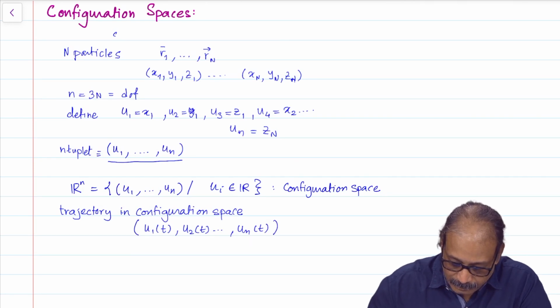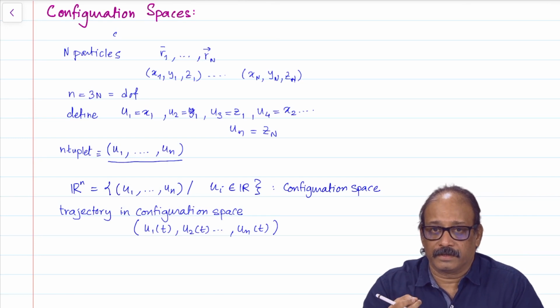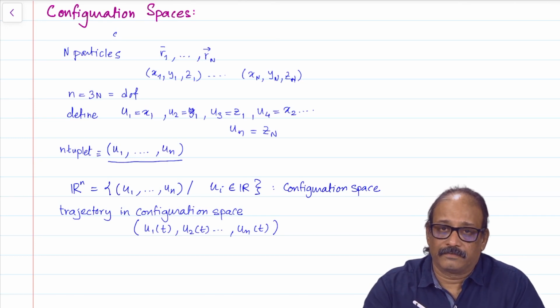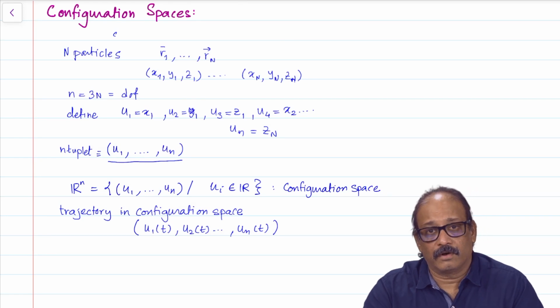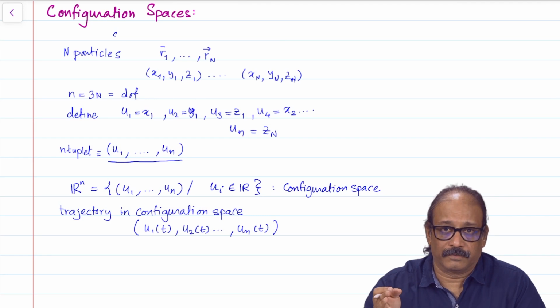So, this is the motion of a point in the configuration space, and this in fact tells you about all the individual trajectories of all the particles in the real world.